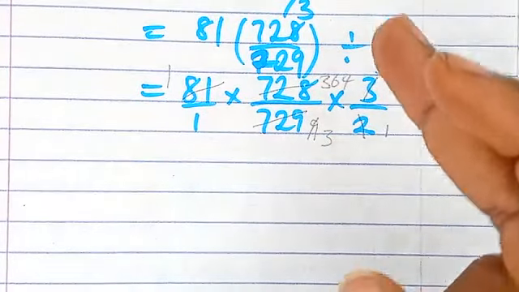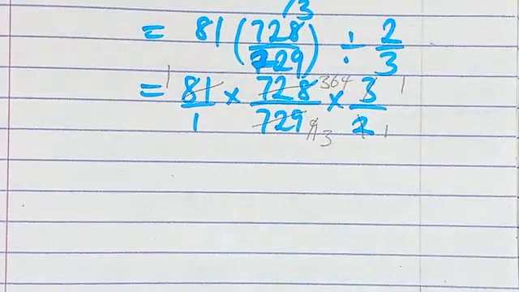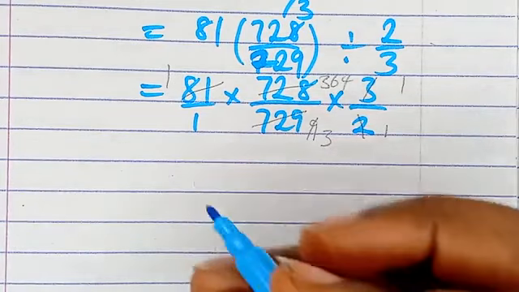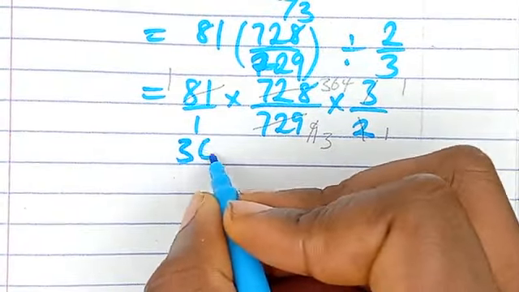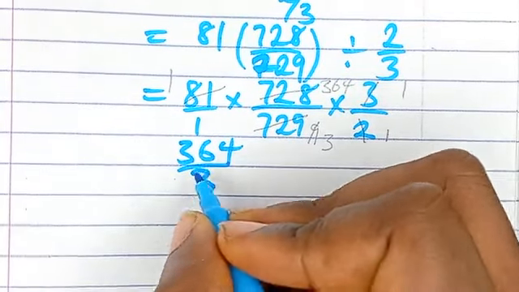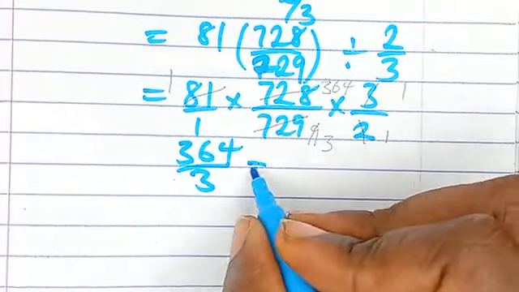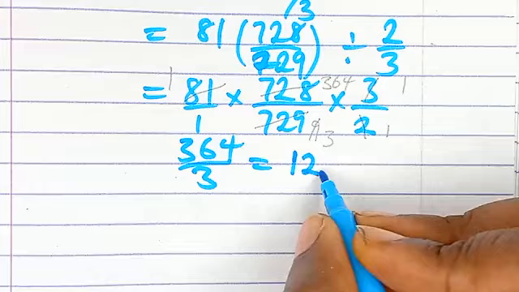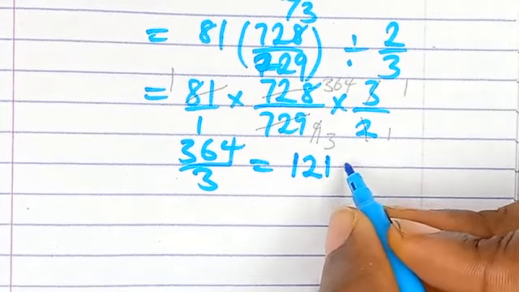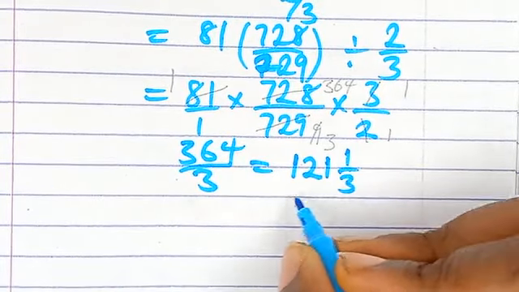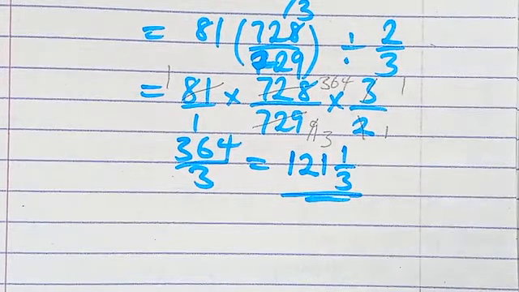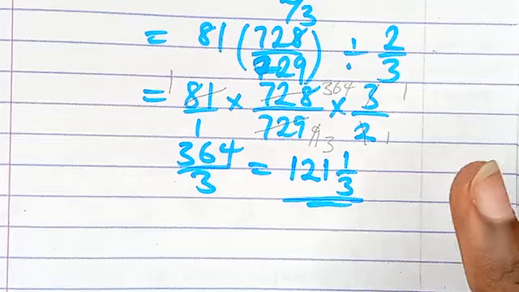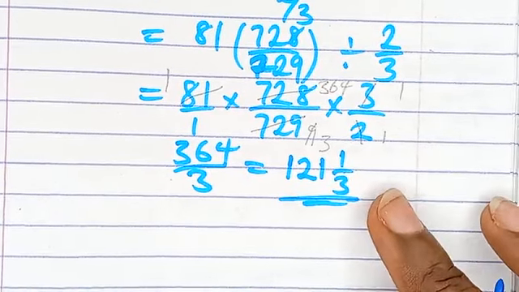So what we have remaining is 364 over 3. So let's have that down here. That's 364 over 3. So when we do that, 3 into itself is 1, 3 into 6 is 2, 3 into 4 is 1, remainder 1 over 3. So this is the sum to the sixth term of that exponential series, GP series.